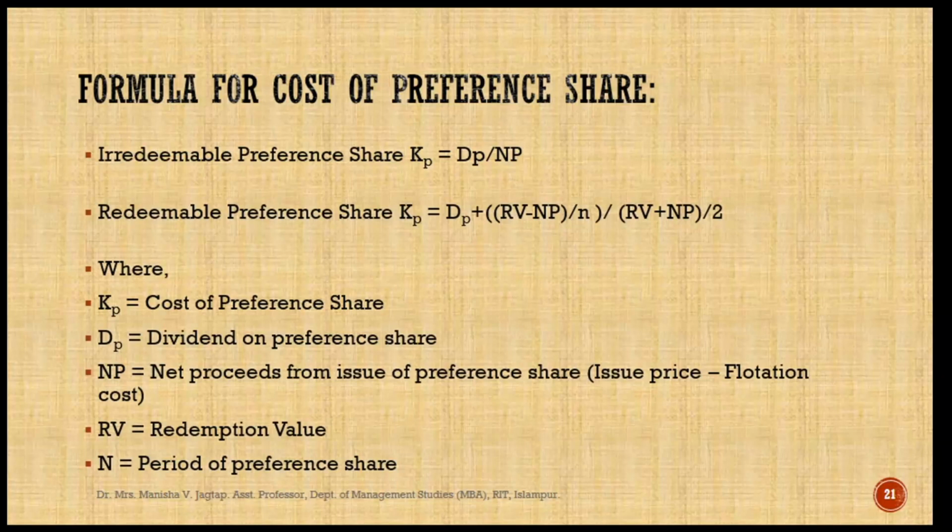For calculating cost of irredeemable preference shares, a formula is given, while there is another formula for calculating cost of redeemable preference shares, where KP is the cost of preference shares, PP is dividend on preference share, NP is net proceeds from issue of preference shares, that is calculated by deducting flotation cost from issue price, then RV is redemption value, and N is period of preference shares. So let us see an example.